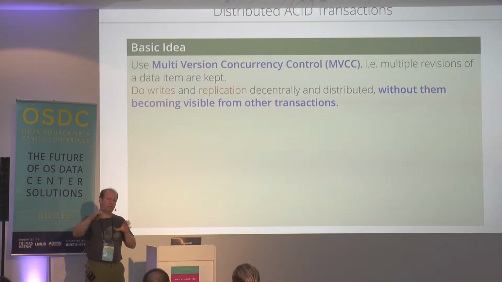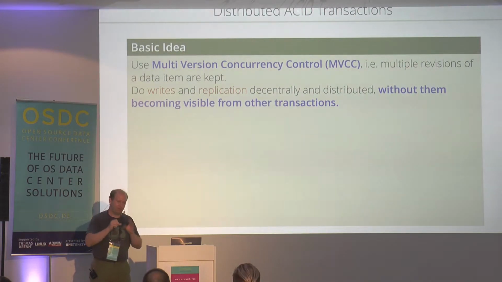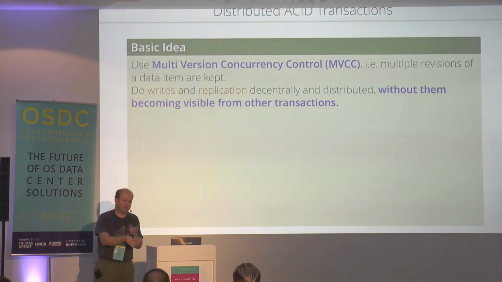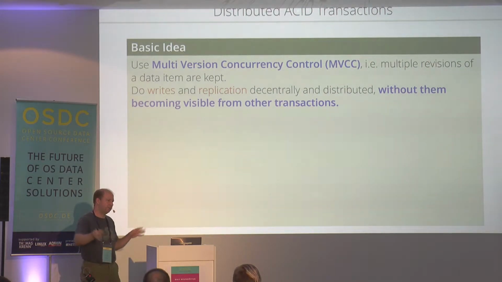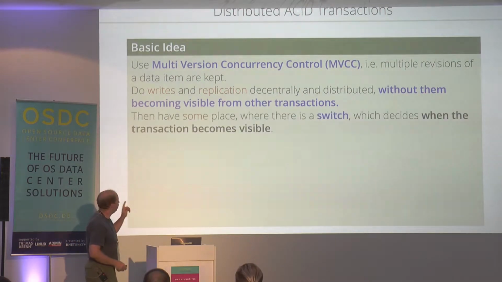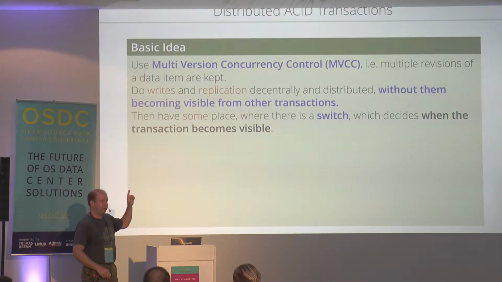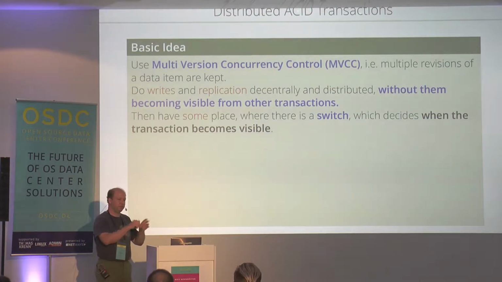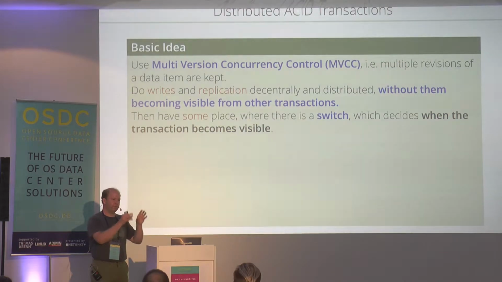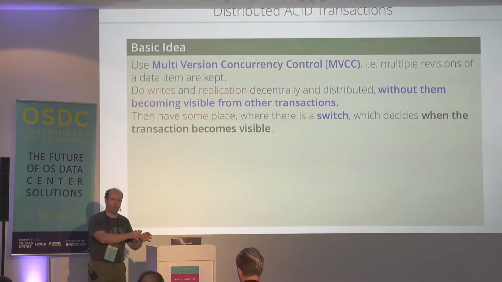And then when the time comes for commit, you have to have some place, and maybe that's a raft ensemble, or maybe multiple ones. There has to be some place, some switch, which really is the truth in your system of this transaction has committed or has not yet committed or was aborted.